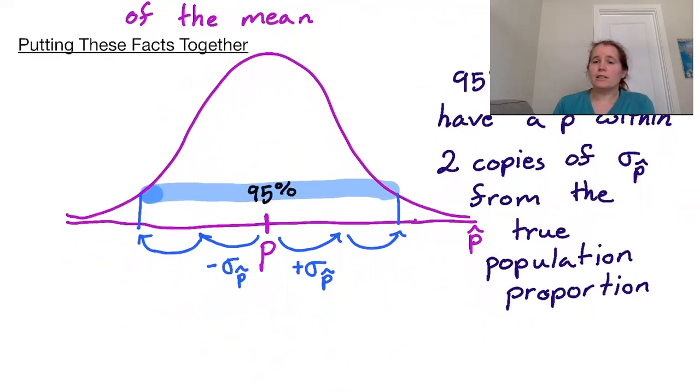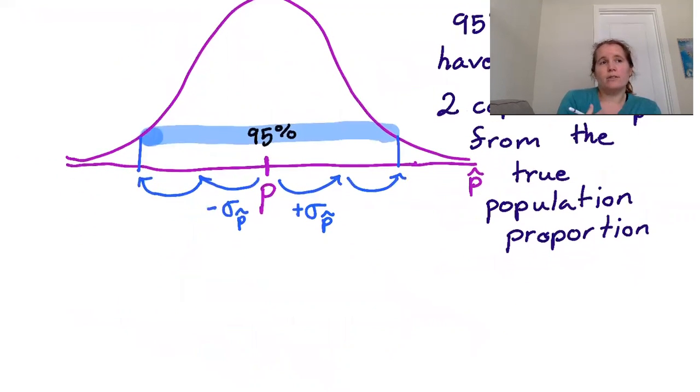Now, when we refer to distance, the distance from me to my front door is exactly the same as the distance from my front door to me. So it doesn't matter which one we're starting with. If we pick a value on our number line that is within 2 copies of sigma sub p-hat from P, it is also true that P is within 2 copies of sigma sub p-hat from that value.